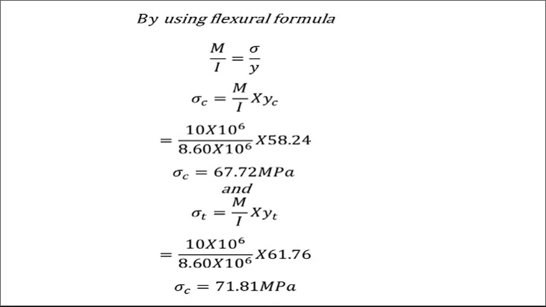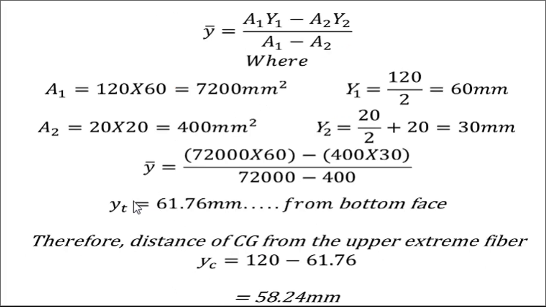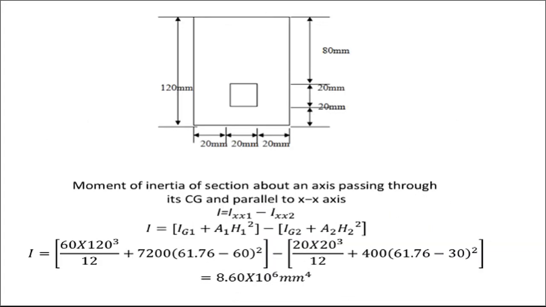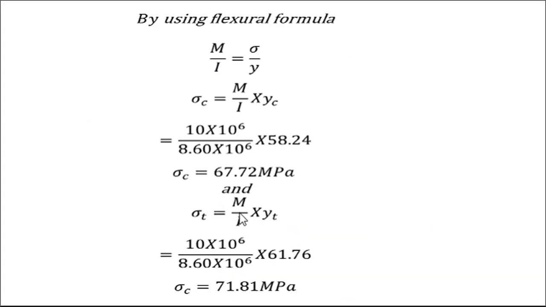So that's yt. You just see that here yt is determined. Yt is the distance of the neutral axis from the bottom fiber, 61.76 mm from the bottom face or bottom fiber. So put that yt value here. M is known, I is also determined, and yt is also determined.